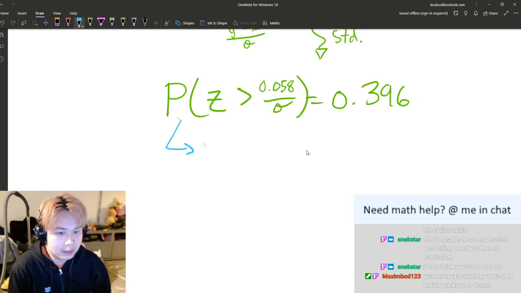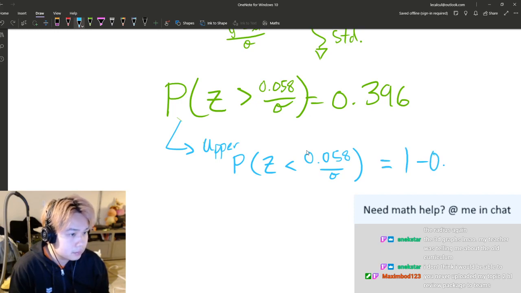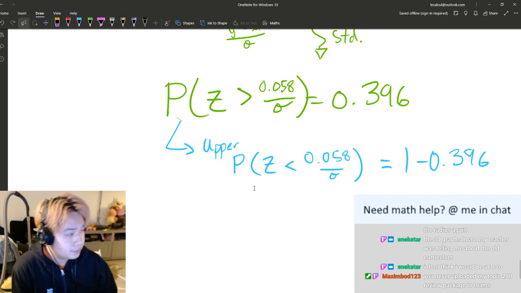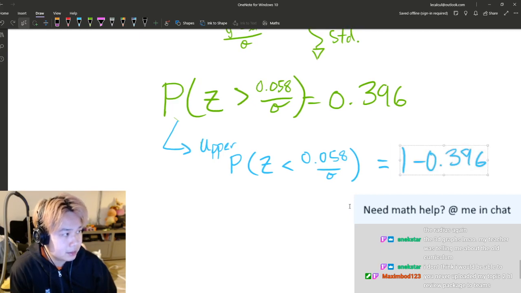So we change this to an upper boundary of the z-score, and then that's just the complement, so 1 minus that.